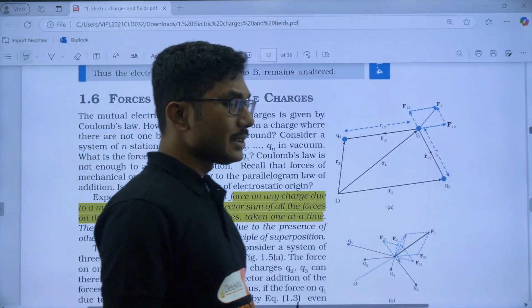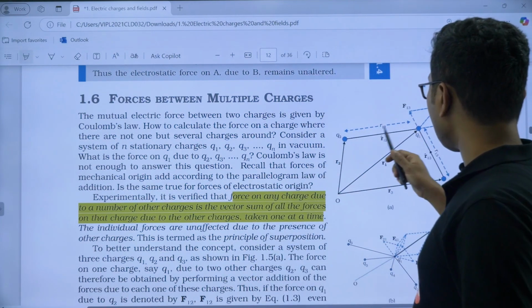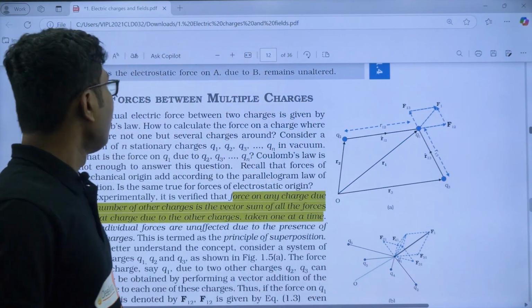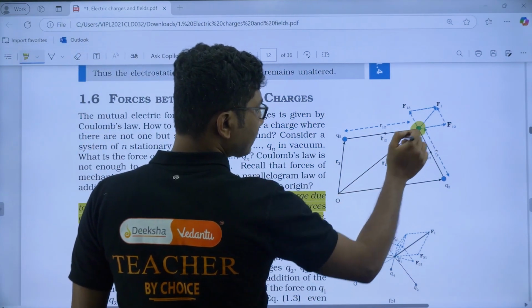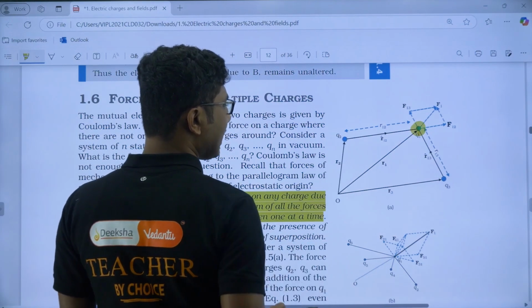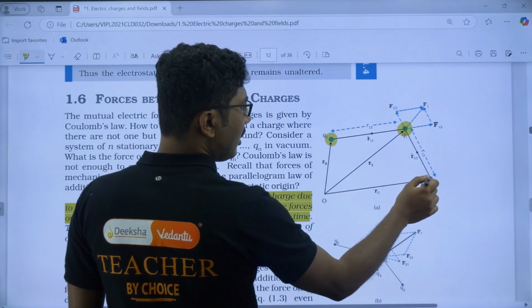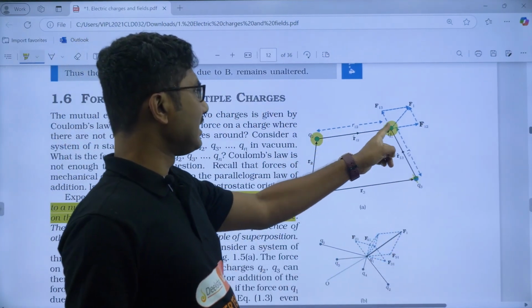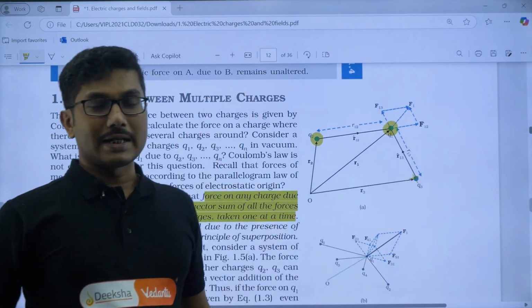Now, force between multiple charges. Now we have multiple charges: Q1, Q2, Q3, and we want to find the force on, say, this charge Q1 due to all these other charges. This is my primary charge, and these are the charges which are pushing it.